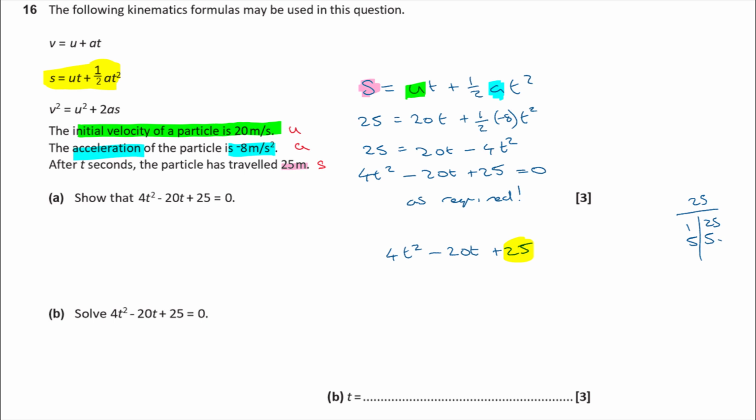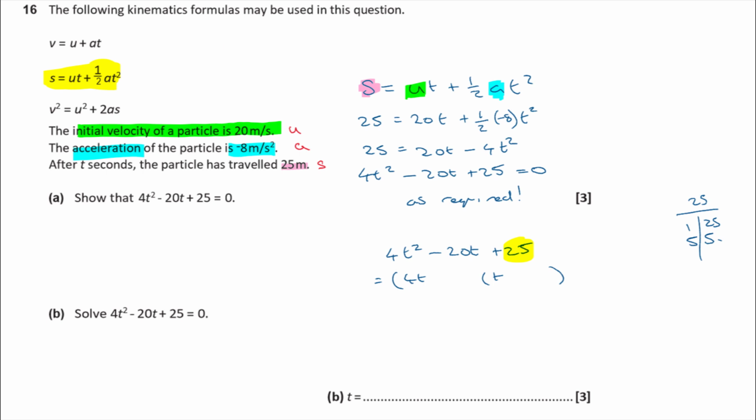Well, maybe, because I've got a 4 at the beginning as well, so it's not quite as simple, because we could have a 4t and a t, or we could have a 2t and a 2t. So is there a way of putting 5 and 5, or a 1 and a 25 in here and delivering 20 in the middle? It's not going to work with 4t and t. I tried putting 5 and 5 in, or 25 and 1, and it doesn't work out.